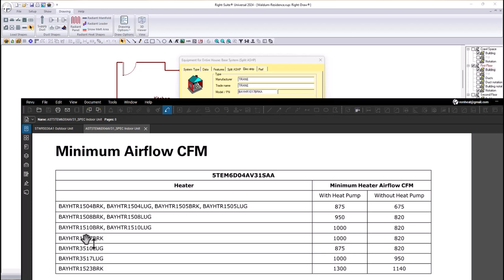I don't see 1017 at all. So sometimes Trane and other manufacturers, they update their model numbers. Sometimes they say this is discontinued, and this is the new nomenclature. So I don't see that model number, but at the same time, we need to make sure which one is the one that we like.